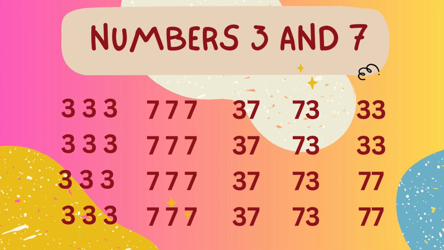But for 73, since the first digit is greater than the second digit, and the greater digits are on the right side of the keyboard, which is 6, 7, 8, and 9, we write 7 first and then 3. So 73 is composed of two strokes, 7 and then 3.